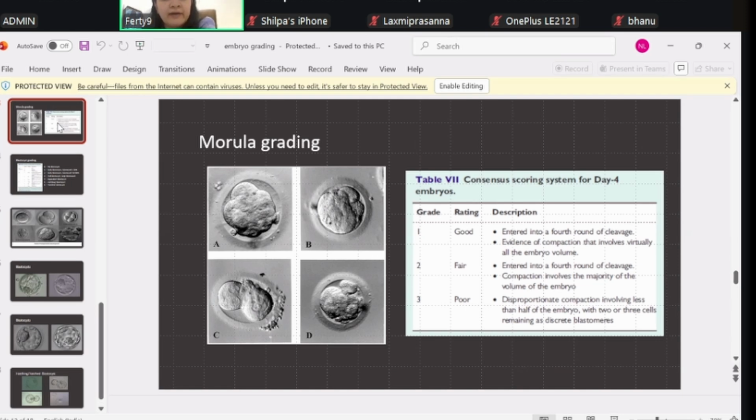We have the RI Witness system, where from day 0 to day 5 everything is recorded. Each oocyte's identification and stage, everything can be seen in the software. So there won't be any missing data for any particular patient or oocyte. Everything is done under the RI Witness manager.